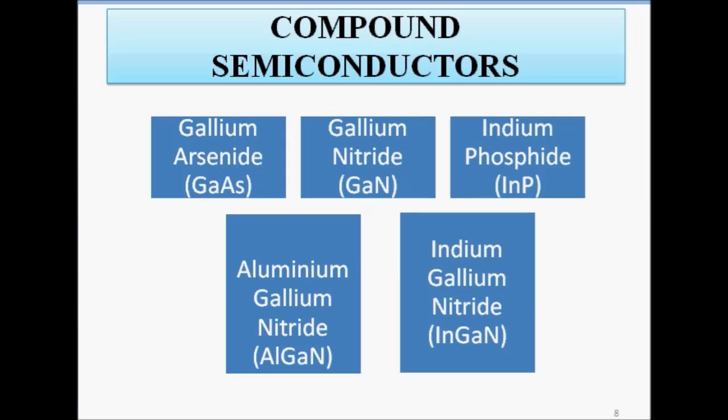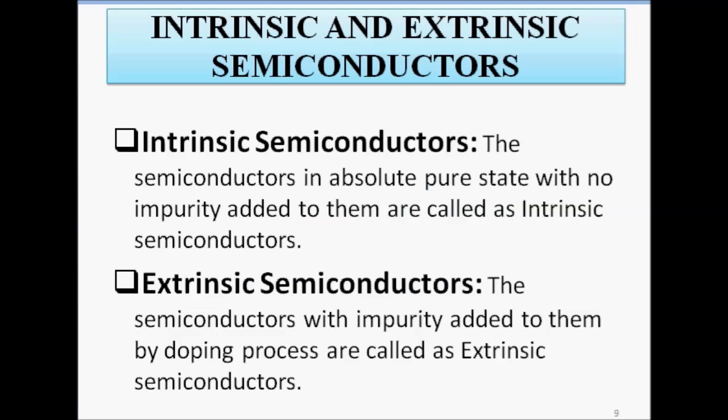Now the next classification is intrinsic and extrinsic semiconductors. An intrinsic semiconductor is one which is in an absolutely pure state, with no impurity added to it.